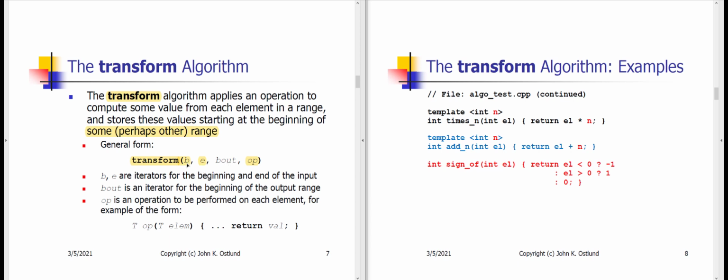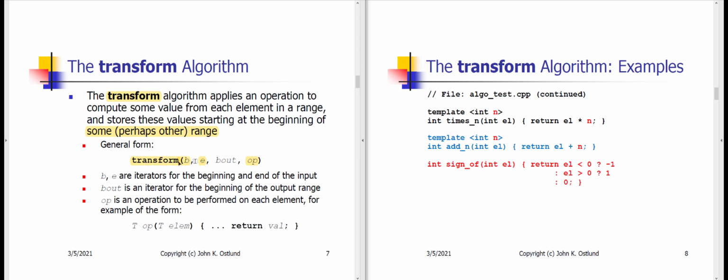All right, so the input range is specified by the first two iterators, the beginning of my input range, the end of my input range, and then I specify the beginning of the output range. And it's up to me to make sure that the container where we're specifying the output range to go is at least as big as the number of elements in the input range.